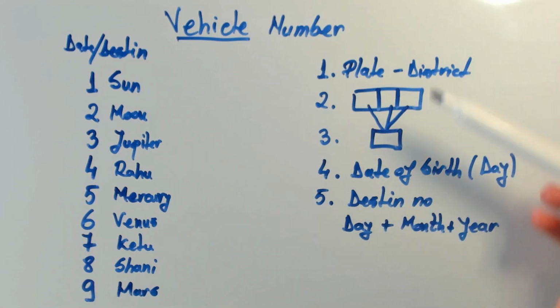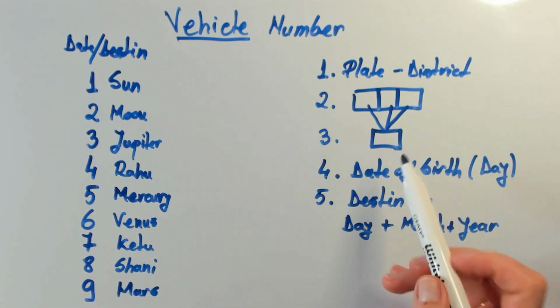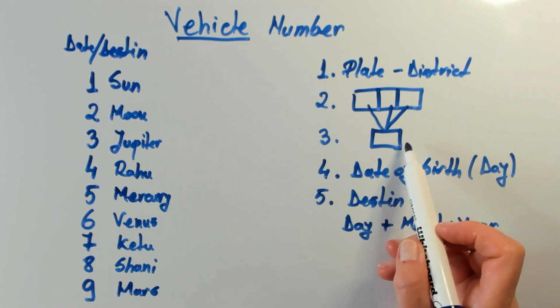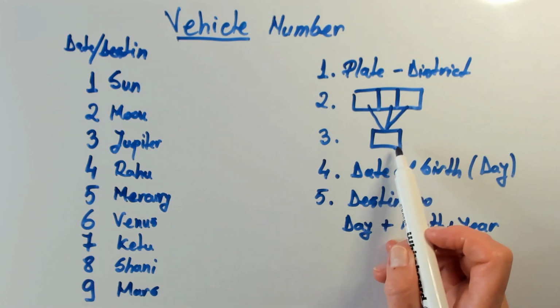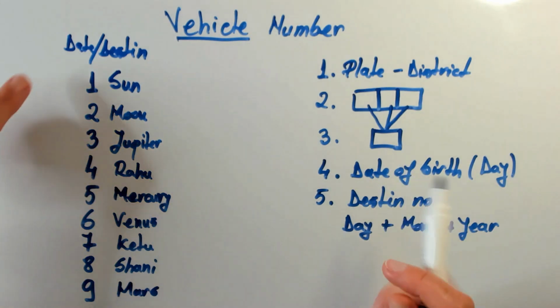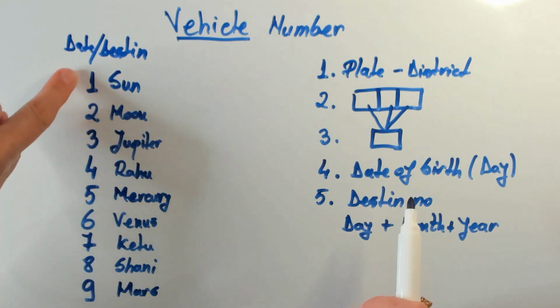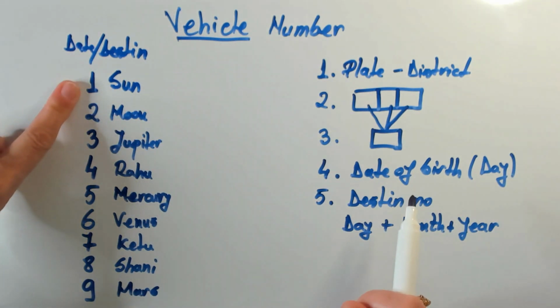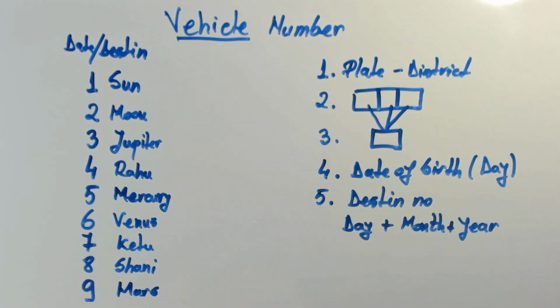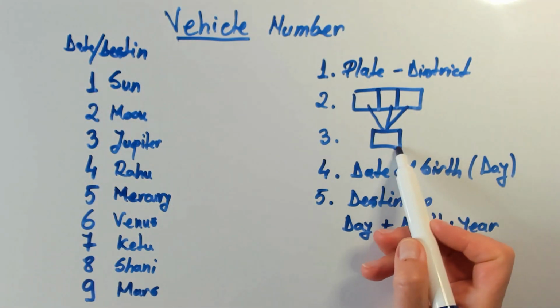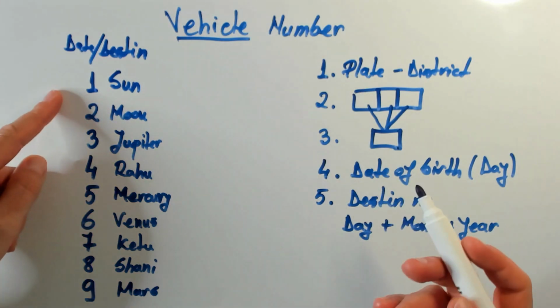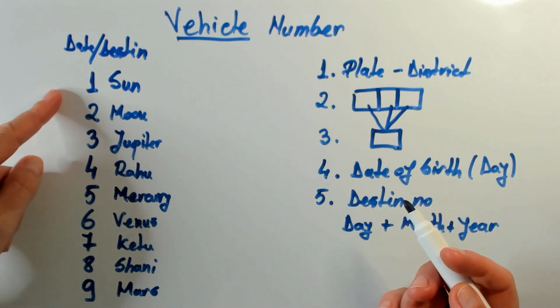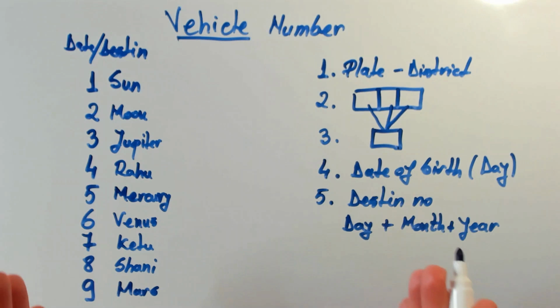So when you take the number of the plate, you have to see if it's compatible with your date or destined number. If the numbers are enemies, that does not mean you're going to have an accident.